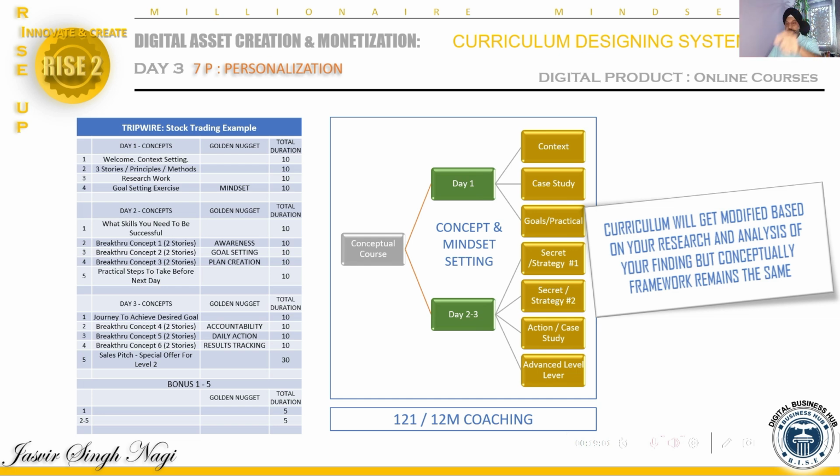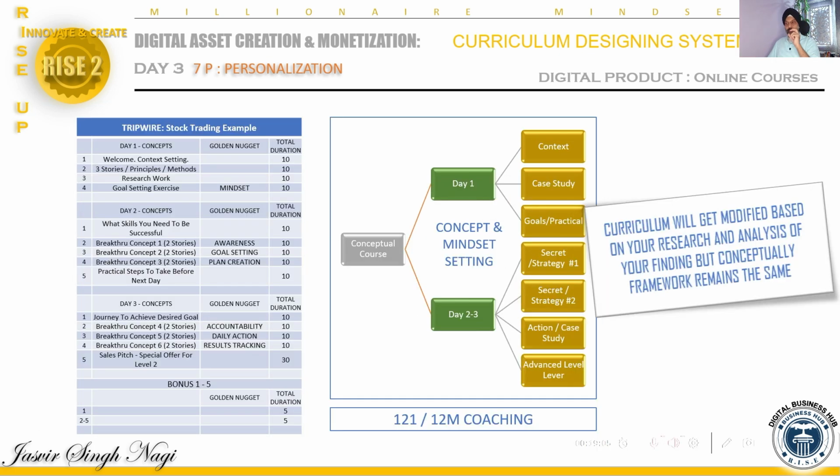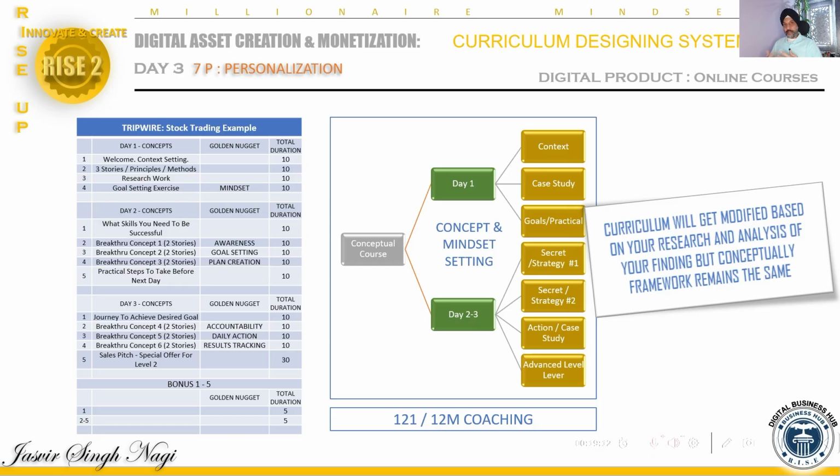Again, I'm trying to show you concept, mindset and action. So accountability is the concept element, the mindset is the daily action, and then the action is your results tracking, right?